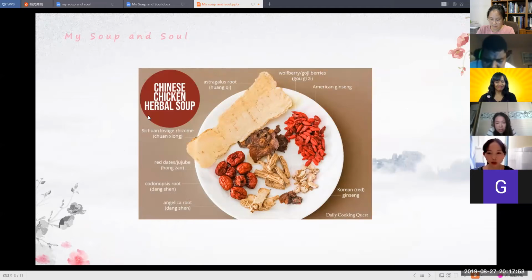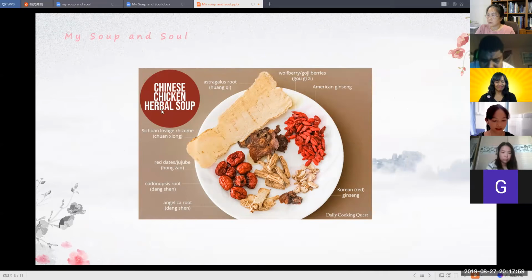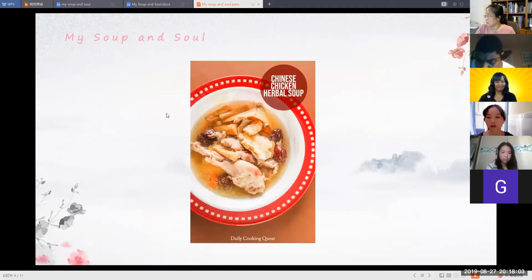First, you need to prepare the dry herbs and the fresh chicken. And second, you need to put all the ingredients in the pot. And remember, you need to bring them to a boil and then simmer the chicken until it is tender and fully cooked.